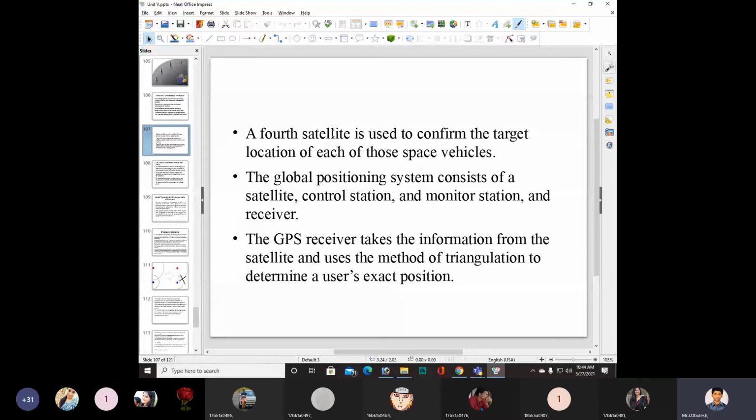That GPS receiver takes the information from the satellite only, and by using that information, the method of triangulation or trilateration, it determines the user's exact position.